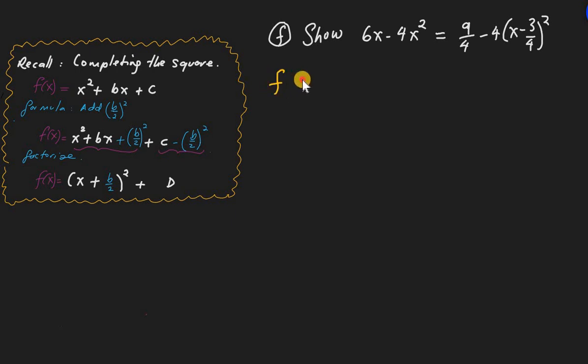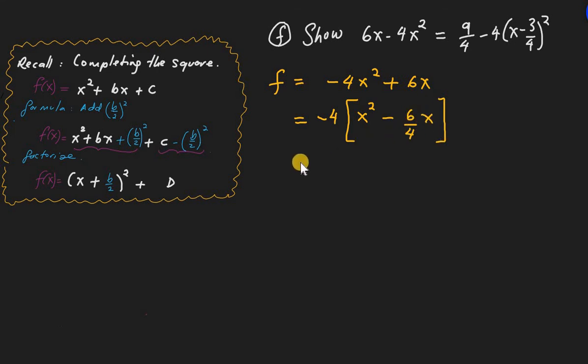Let's call it f. Negative 4x square plus 6x, I'm rearranging it. But in order to use this formula, we need to make sure that the coefficient of x squared is 1. So let's factorize the 4 and put it outside. We have x squared minus 6 on 4 x, so that we can read it as 1x squared plus bx.